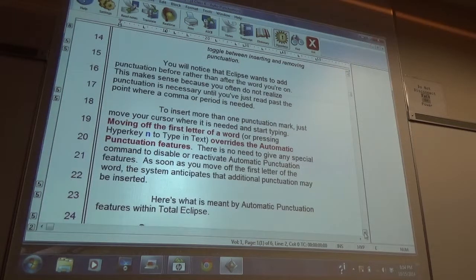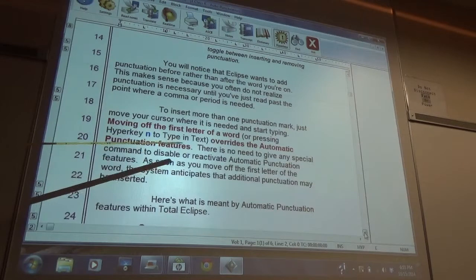Okay, to insert more than one punctuation mark, just move your cursor where it is needed and start typing. Moving off the first letter of a word or pressing hyperkey in to type in text overrides the automatic punctuation features. Okay? So once you push in, you are out of hyperkeys, and now you're just into insert mode. So now you're just into typing mode.